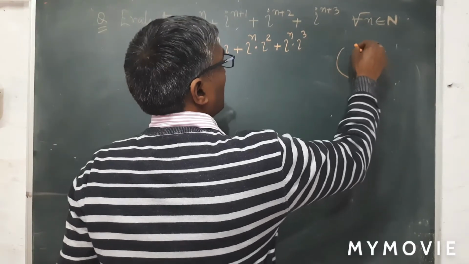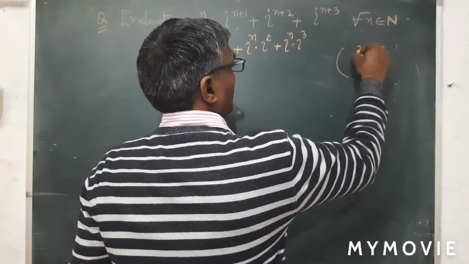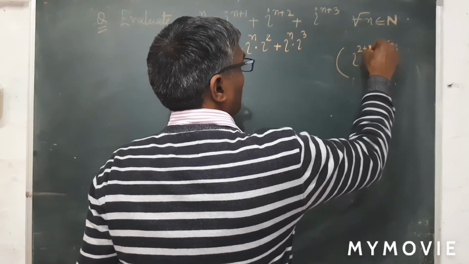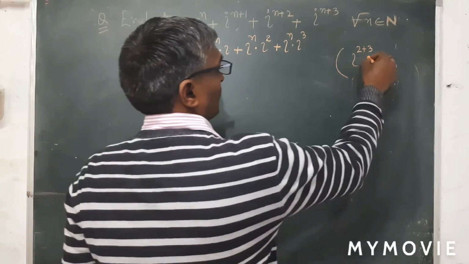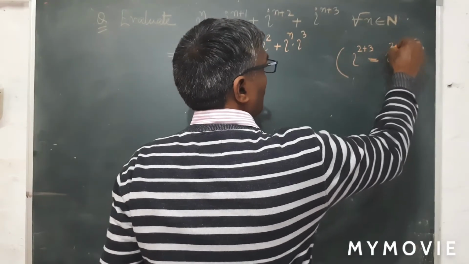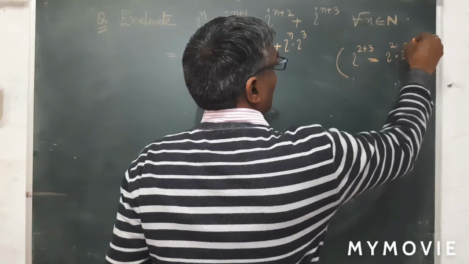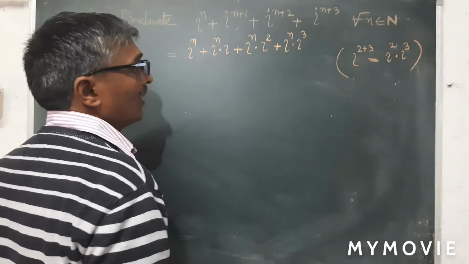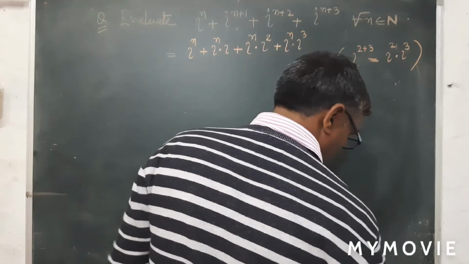Can we write like this? Let us suppose 2 plus 3, therefore iota 2 into iota 3. We can write like this for any number.